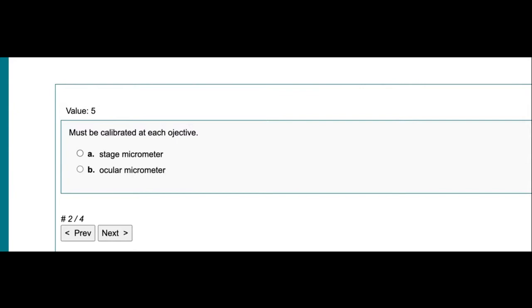But the ocular micrometer, those ocular units, they don't have a real distance between them. You have to use a conversion factor. So you have to calibrate them. So it's going to be the ocular micrometer that needs to be calibrated, because the stage micrometer is what you're using to calibrate the ocular micrometer.